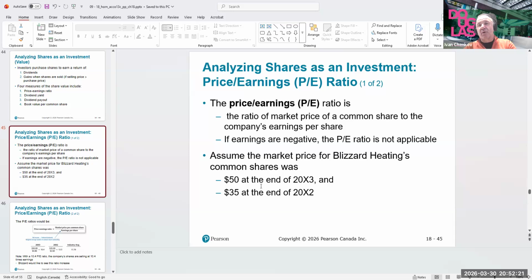So once we have the price, which is currently traded on the stock market, we divide it by the earnings per share. If the earnings are negative, then the price earnings ratio in this case is not applicable.